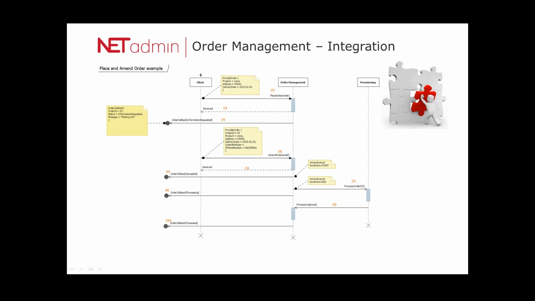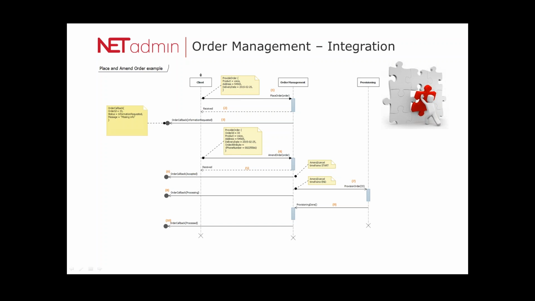And shortly after that, NetAdmin will call back again on step 6 and telling the client that we have accepted this order. And that actually means that, okay, everything is completed regarding the order. We, from NetAdmin point of view, we have everything needed in order to fulfill this order.